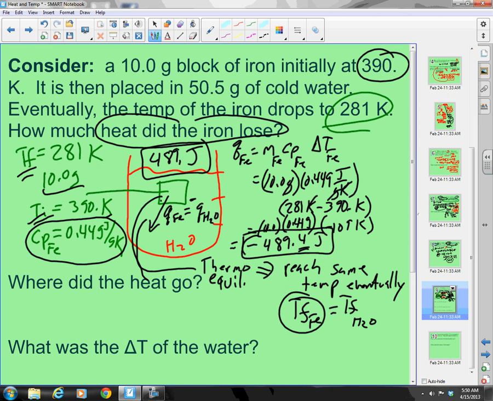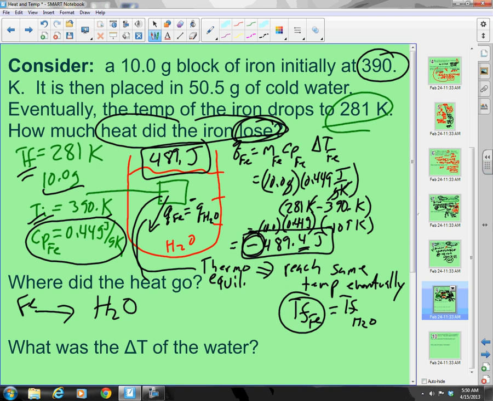The negative implies that it is lost. So whenever you see a negative heat, that means it is lost. So if they said, what was the heat change, you'd write down negative 489. If they asked how much heat was lost, then you could just write down the 489 joules. Got it? Where did the heat go? It went from my iron into my water.